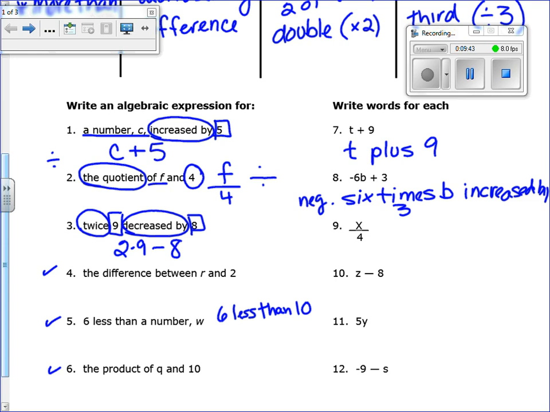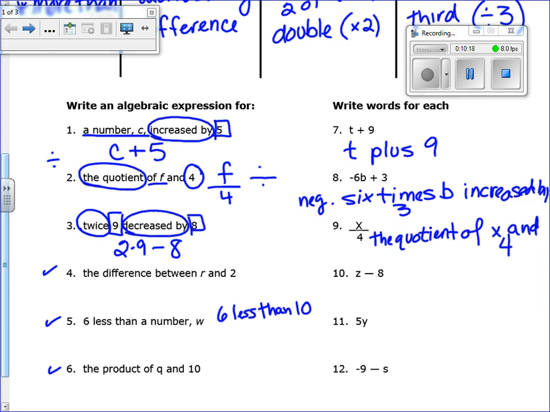And for number 9, I could say the quotient, you might have said x divided by 4, and that would be fine. But let's get used to understanding what quotient means. That's a word that you may not be so familiar with. So let's use it as much as possible so we get used to understanding what quotient means. The quotient of x and 4.